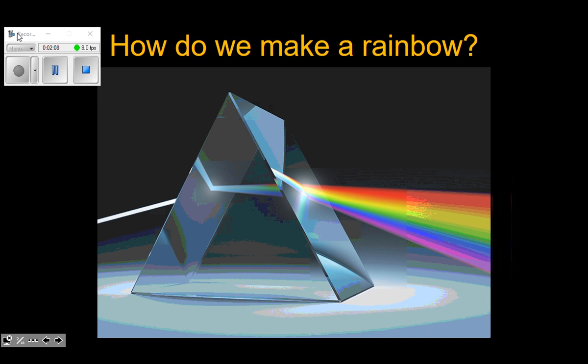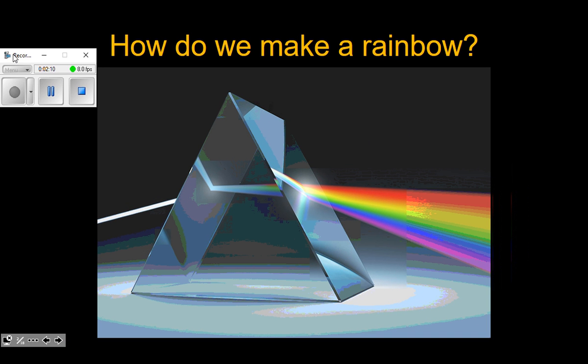So how do we make a rainbow? We get rainbows when it's raining out and sunny out at the same time, because the water droplets act the same way that traditionally a triangular prism does. A triangular prism is made of glass, and the glass is at different density. Light has the very unique property that when it enters a more dense medium, it slows down and it bends.